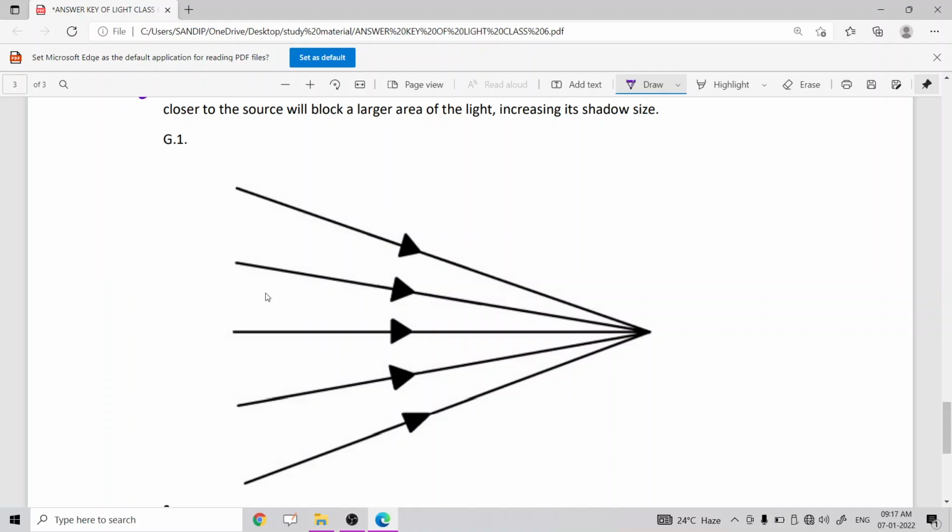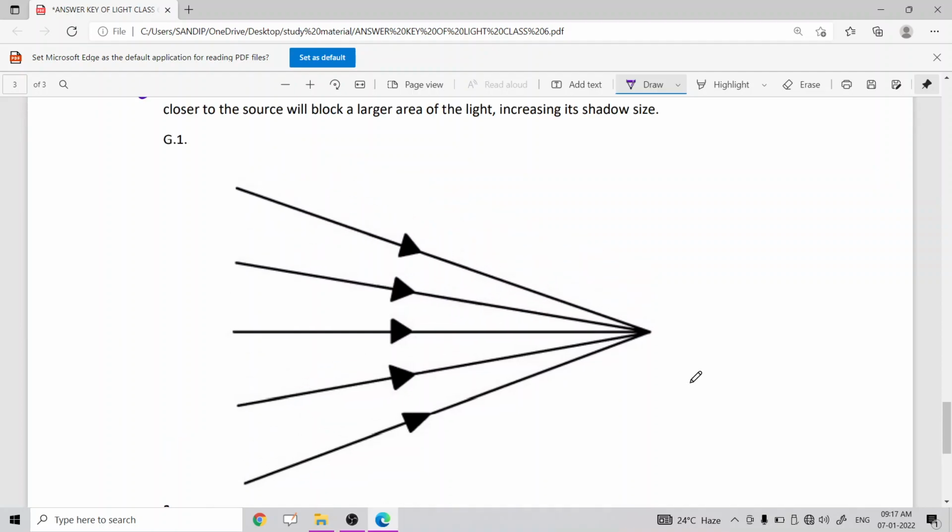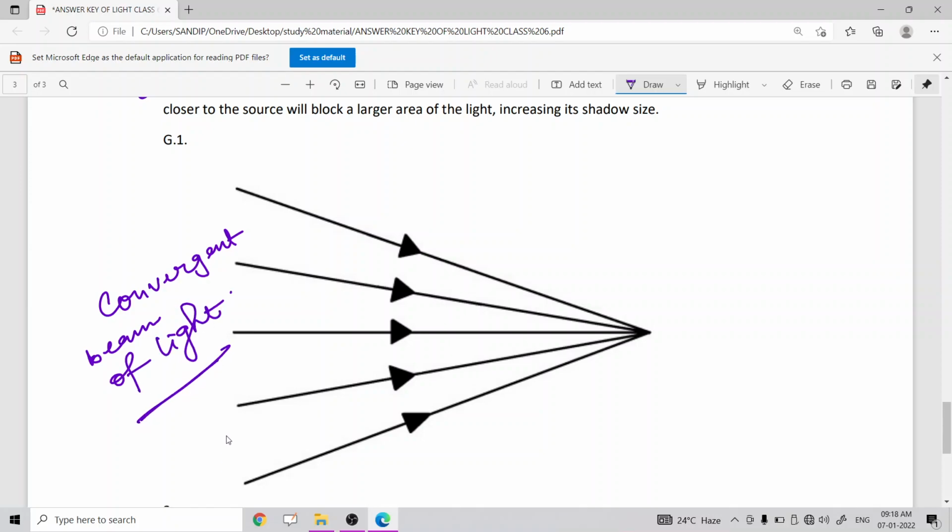Question number 6 is to draw diagrams of the following. The first drawing is a convergent beam of light. If we take a convex lens, and light is coming from infinite distance, then after refraction we get this type of ray.